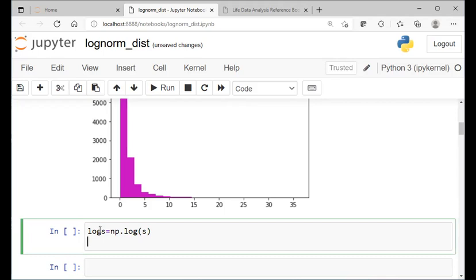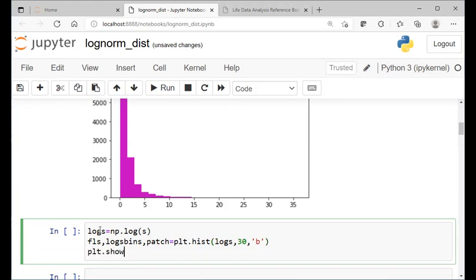And let's put it into a distribution. So I say f, the frequency of this log of s, then the limits, we'll say log s bins, and the word patch equal to plt hist of the log s variable in some bins, for example 30 bins, with the color, say blue.